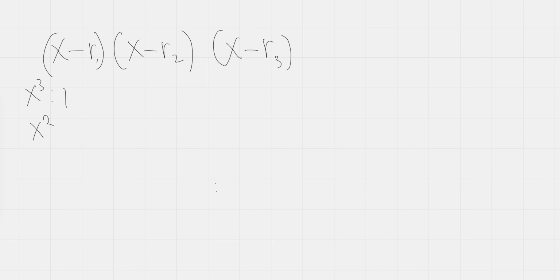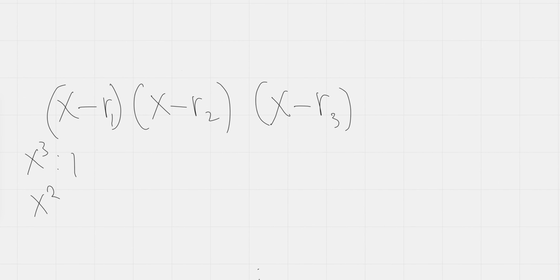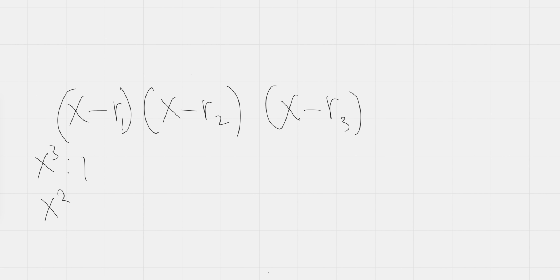The coefficient of the x squared term. So let's try to think about how we would find the coefficient of the x squared term. If you're going to try to distribute two x's in this factored form, which is how you would make an x squared term, let's say we're going to use this x and this x. Then you can't distribute the next x, so you have to distribute the third root.